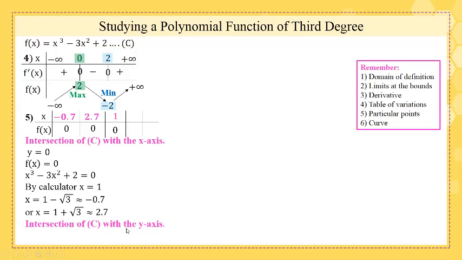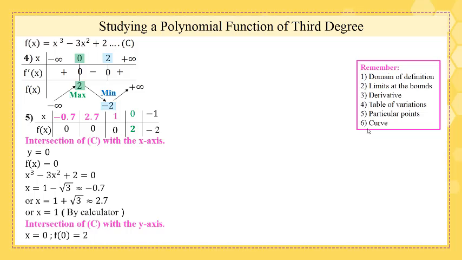Intersection of C with the y-axis. Thus, x equals 0, that is f of 0 equals 2. We got the coordinates of a new point, which is (0, 2). We can continue the determination of the coordinates of some particular points, which are (-1, -2).